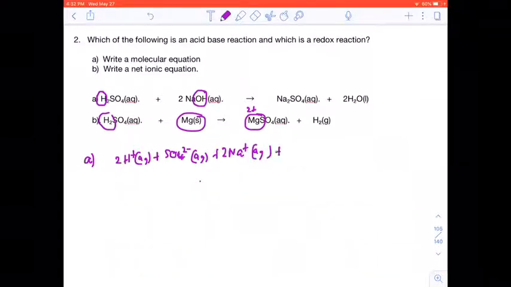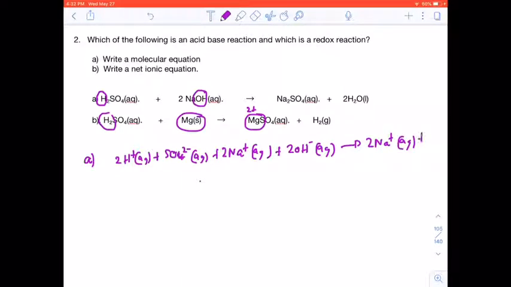Plus 2OH minus aqueous, which then gives us 2Na plus aqueous plus SO4 2 minus aqueous. Right, so SO4 2 minus aqueous.